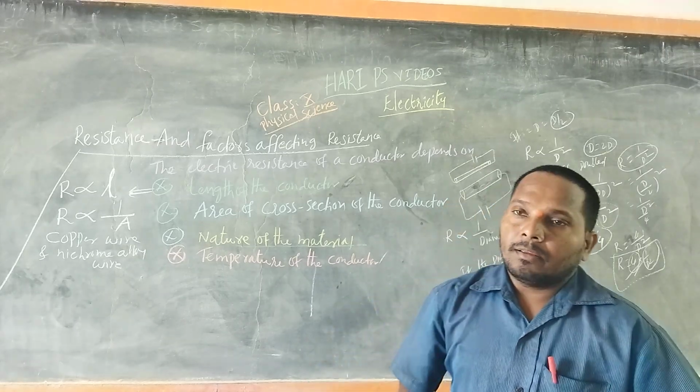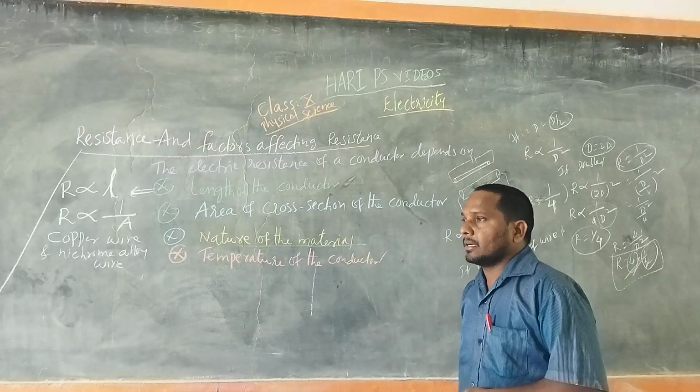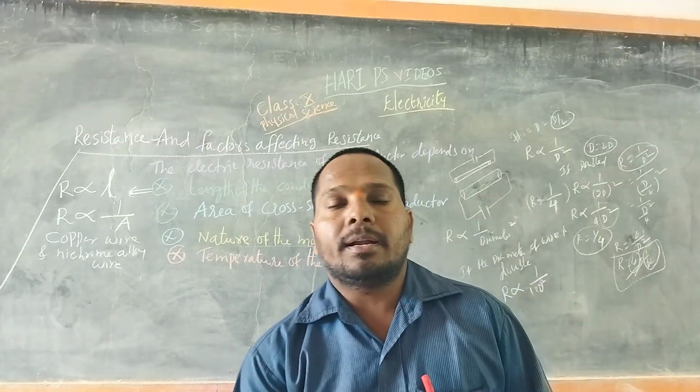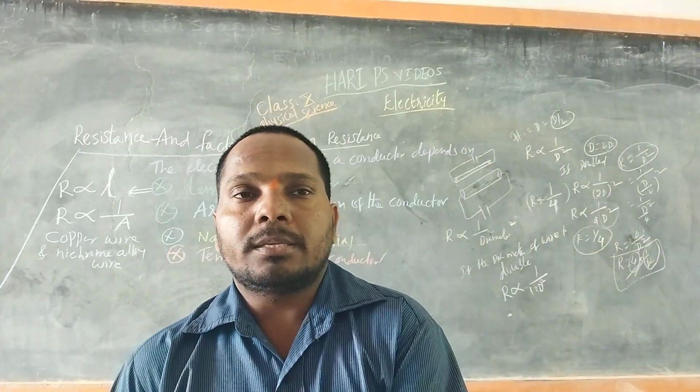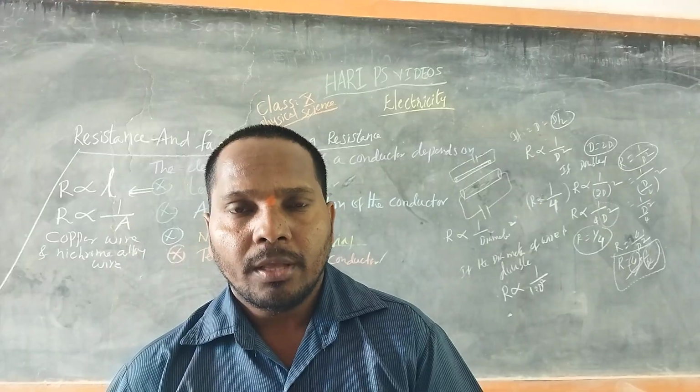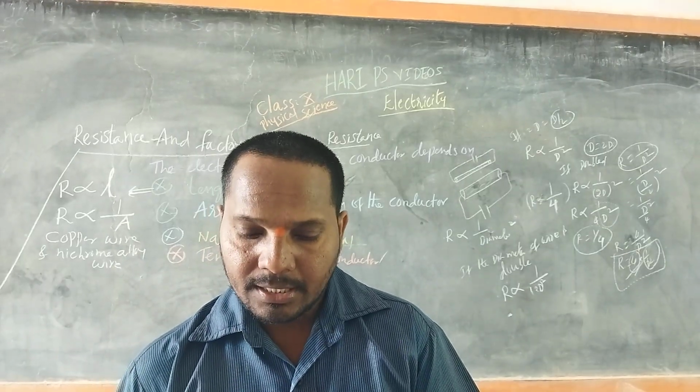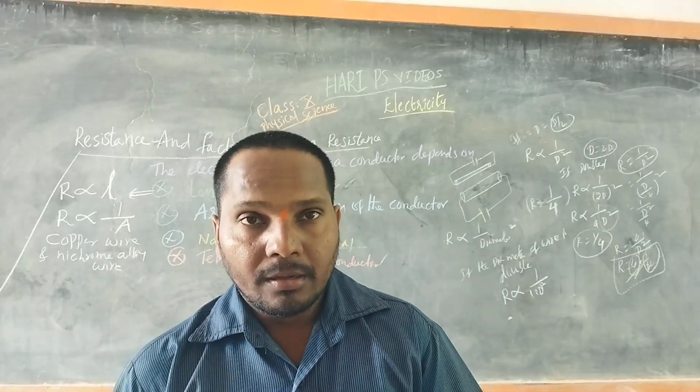So, if the temperature of the conductor is more, its resistance is also more. If the temperature is less, its resistance is also less.